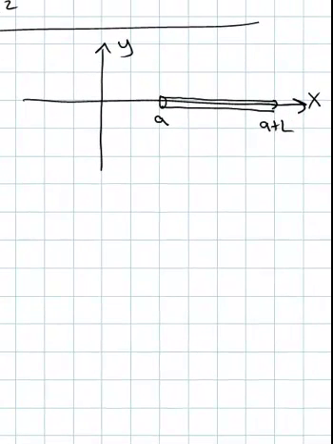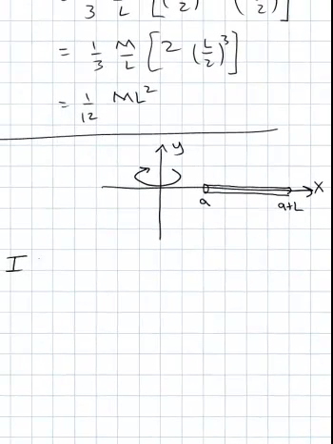Okay, and I've drawn the third situation here where the rod is located on the x-axis between x equals a and x equals a plus L. It's rotating about the y-axis, which means that it's going to make basically a washer shape, right? A disc with a hole in the middle of it as it rotates around the y-axis. And let's take a look at our formula.